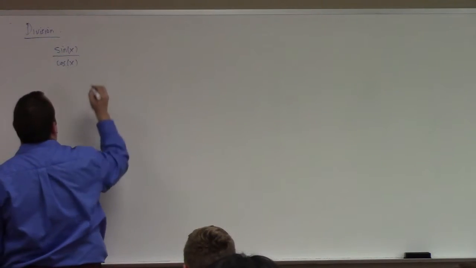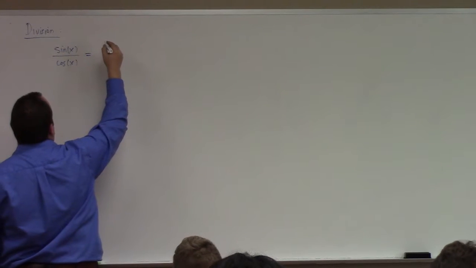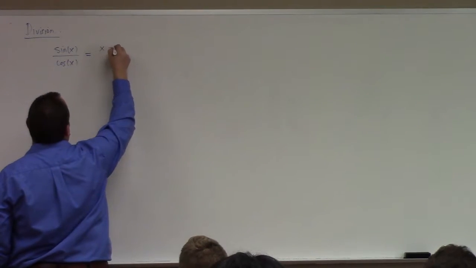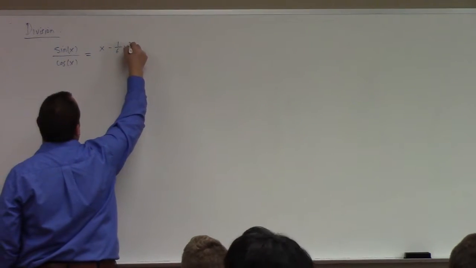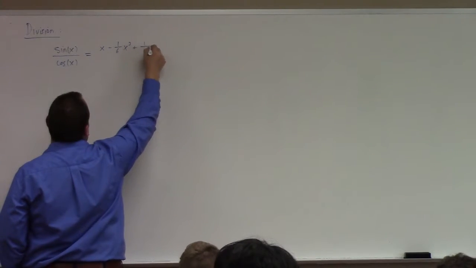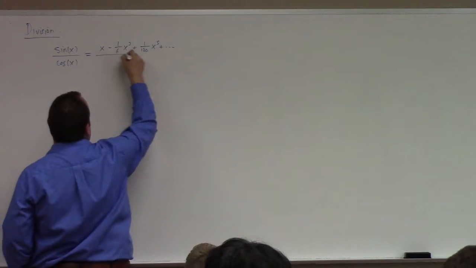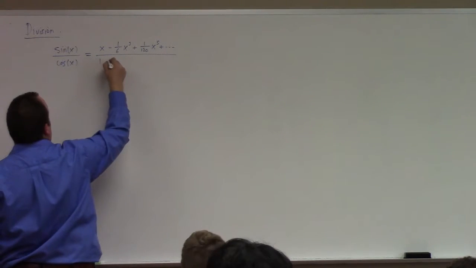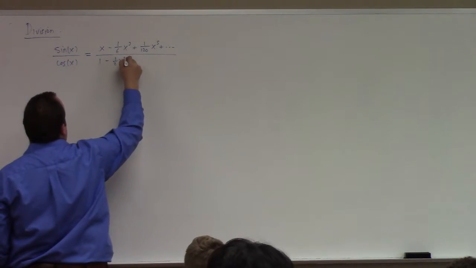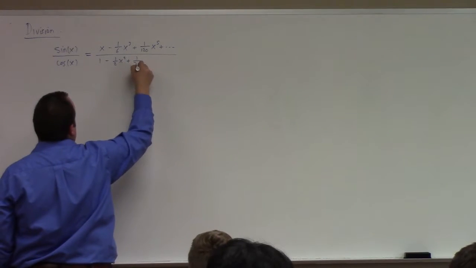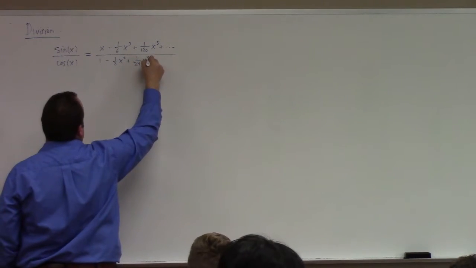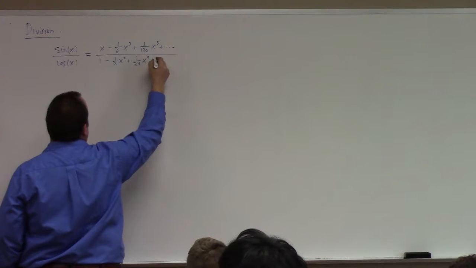Suppose we wanted to find a power series of that. So what would we have? We'd have x minus 1/6 x cubed plus 1 over 120 x to the 5th plus dot dot dot, and then downstairs we've got 1 minus 1/2 x squared plus 1 over 24 x to the 4th and stuff.